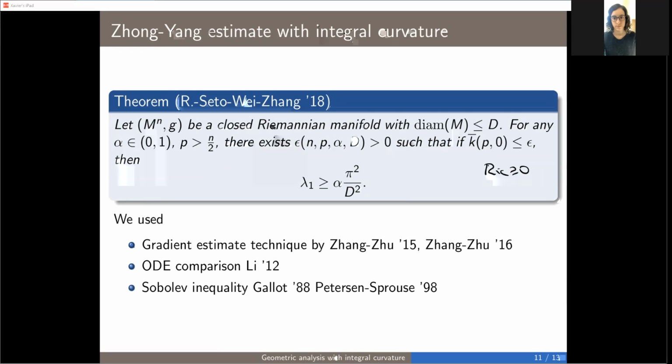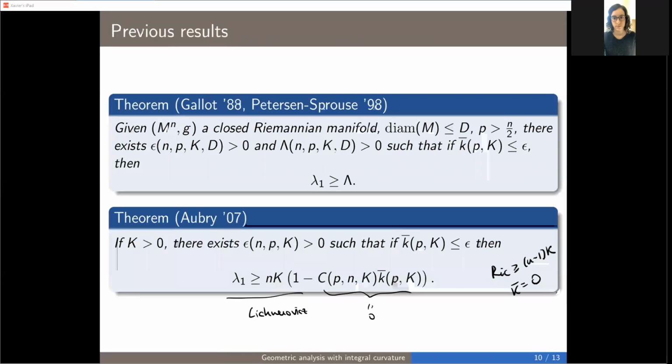Because right now it's sort of qualitative, in the sense that for every alpha you can get some epsilon such that this holds. I was wondering if there's something more quantitative. Right, so something more along the lines of this? Yeah, along the lines of this.